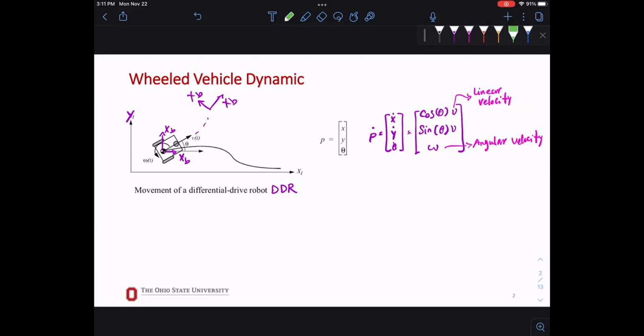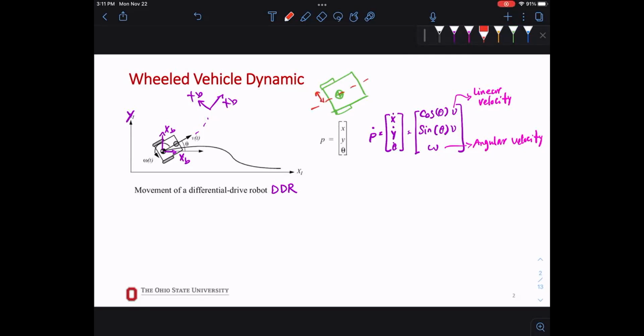Now, in differential cars, DDRs, we said that we can control the right and left wheel velocity, right? Let me redraw that, it's cleaner. This is the wheel. This is the center of the mass. Pardon my drawing.